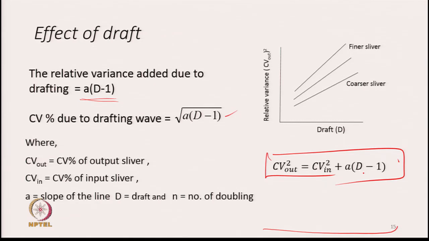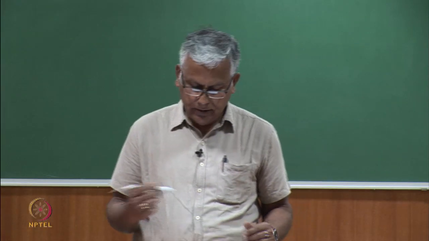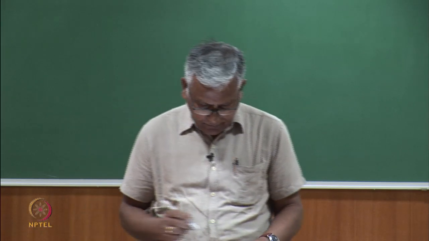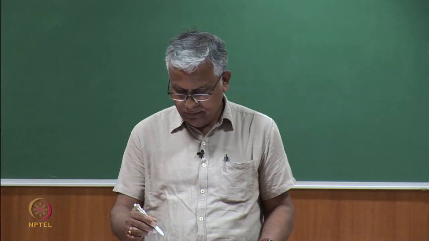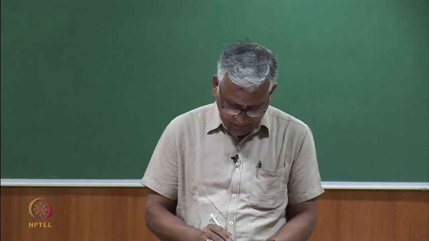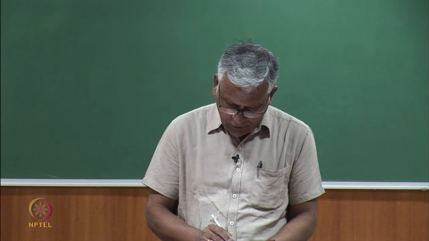So, once we give a draft of 2, 3, 4, 5, then we see that with increase in draft, the relative variance is going to be more and more. That means any drafting operation will always add some irregularity to the drafted product. The slope will change depending upon the fineness of the sliver and the nature of fibers within the sliver.